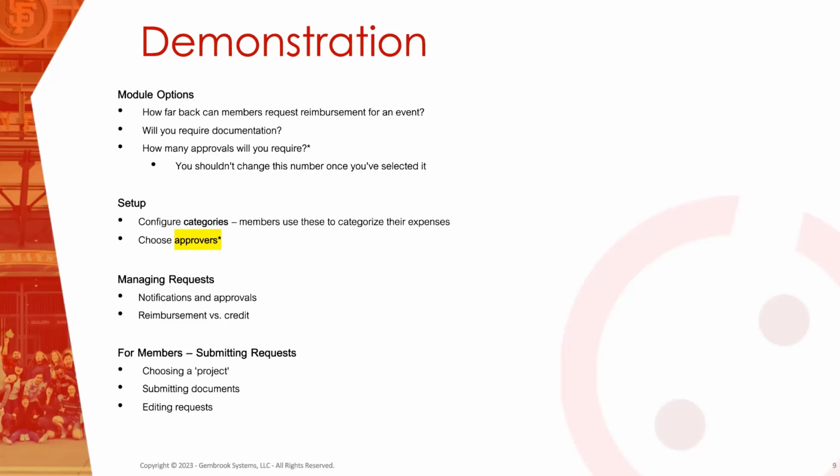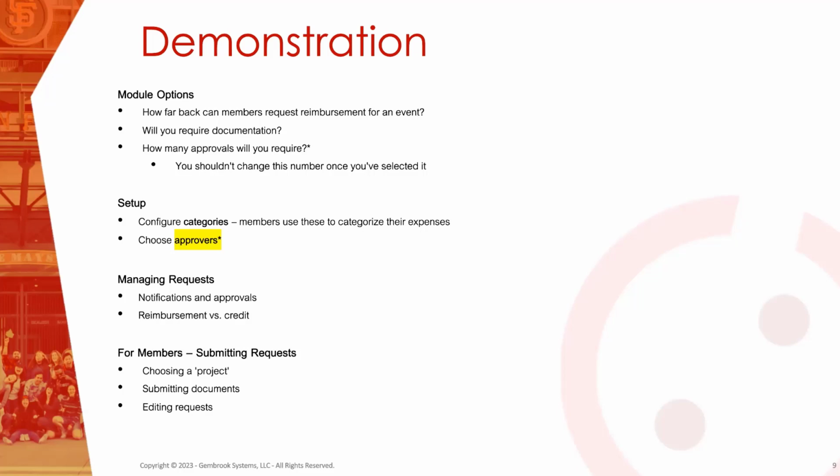So I've got that highlighted with a bit of a call out because there are some important notes to learn about expense reimbursement approvers. Got that all spelled out for you, so we'll go through that together. We'll talk about managing requests, and then, of course, we'll take a step back and look at things from a member side. We will choose a project or an event. We'll go ahead and submit a reimbursement request, and we'll take a look at what that experience is going to be like for your members.